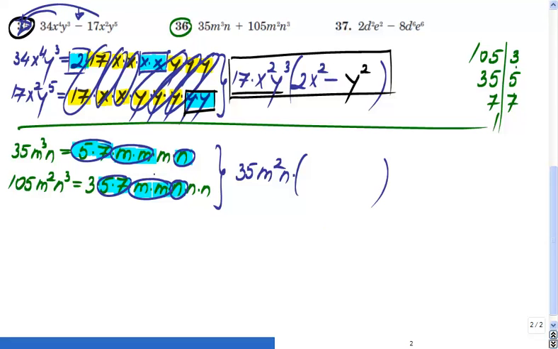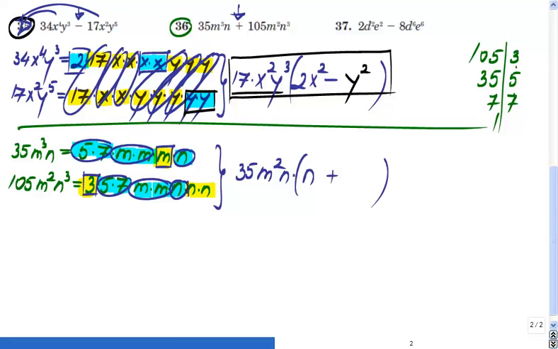Inside the parentheses, I will put everything else that remains, right? I got an m, and I got n squared and a 3 right here. So for the first one, that's only m, because 35 m cubed n divided by 35 m squared n will be m. The operation was what? Plus.